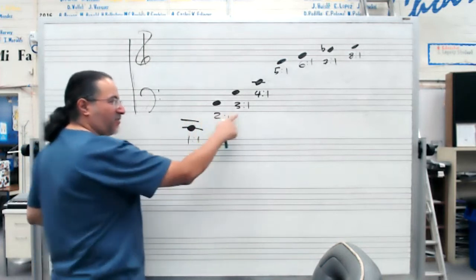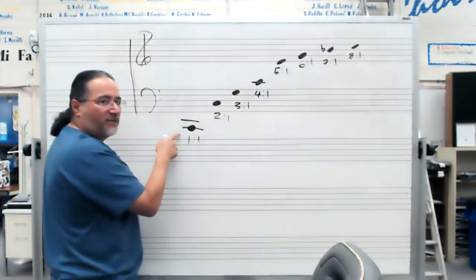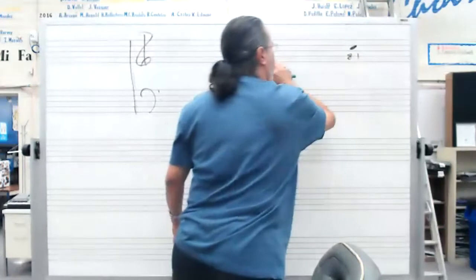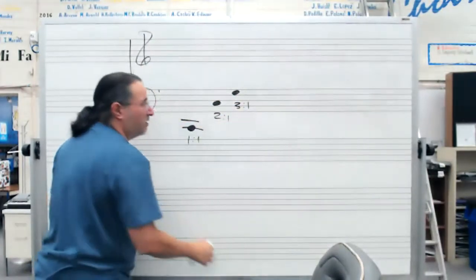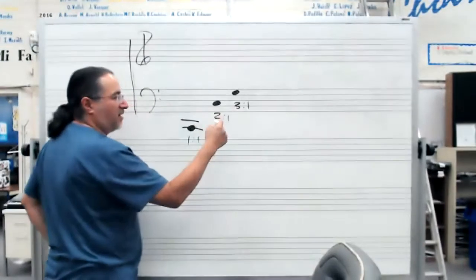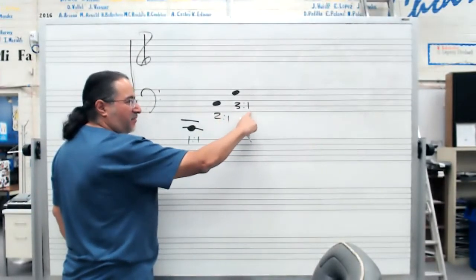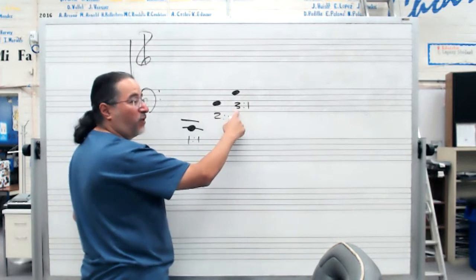Okay, this is a 3-to-1: 3 of these vibrations for 1 of these vibrations of these notes. This represents my fundamental note, my C, right? This represents my perfect fifth, or my 12th.